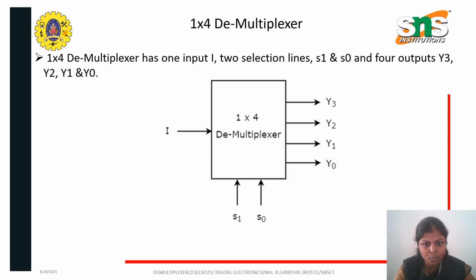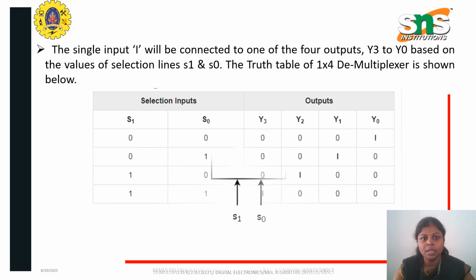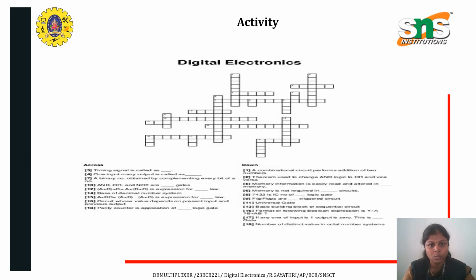Based on it, the truth table is drawn depending upon the selection inputs. When S0 and S1 are 0, 0, the Y0 output will be 1. When S0 and S1 are 0, 1, Y1 will be 1. For 1, 0, Y2 will be 1, and for 1, 1, Y3 will be 1.